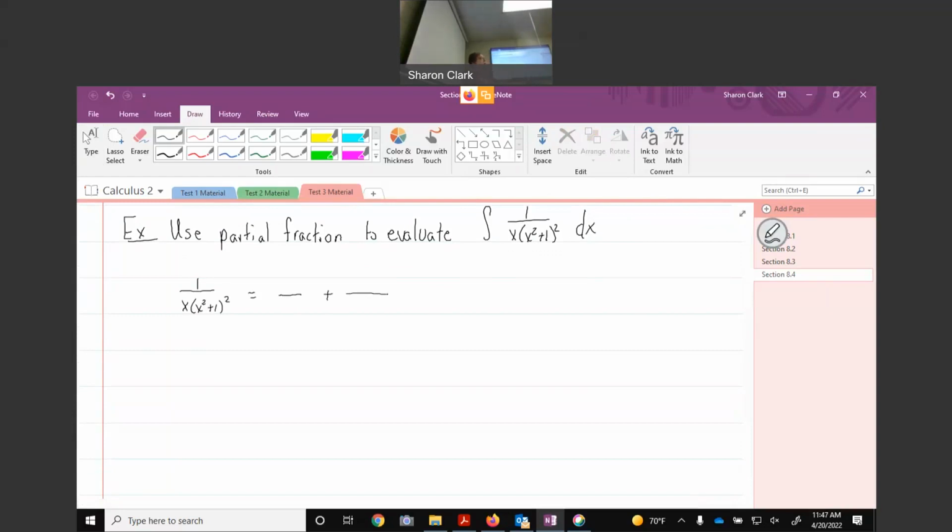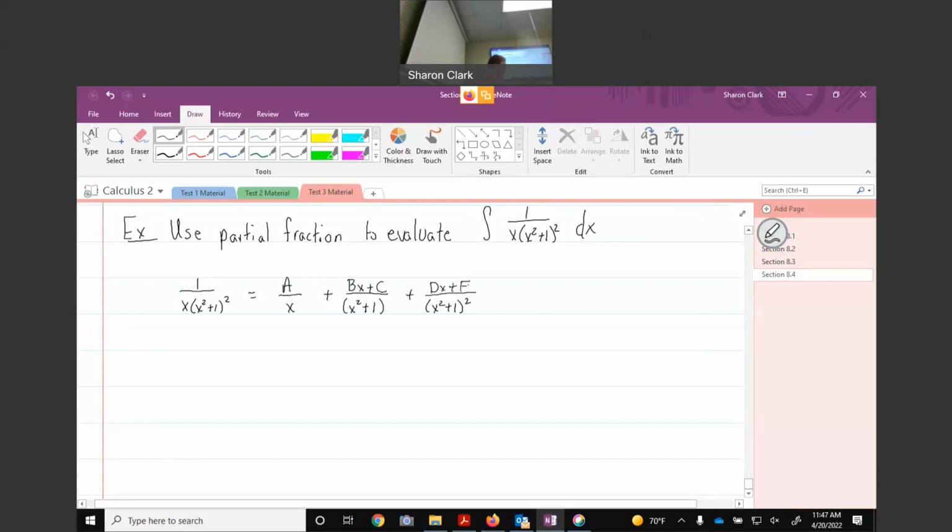Well, I can't factor x squared plus 1; it's not factorable. Okay, so what do I put under the first line, and then under the second line? Okay, and so that means I need... what goes above x? What goes above x squared plus 1? Bx plus C.